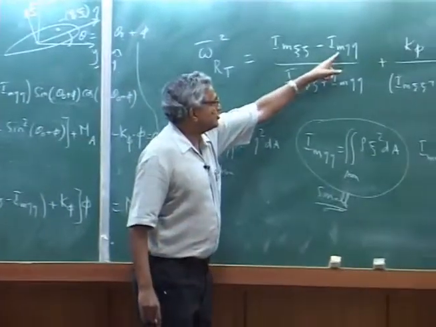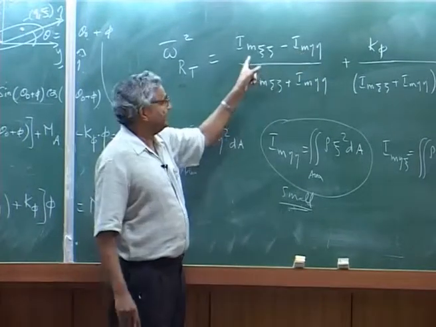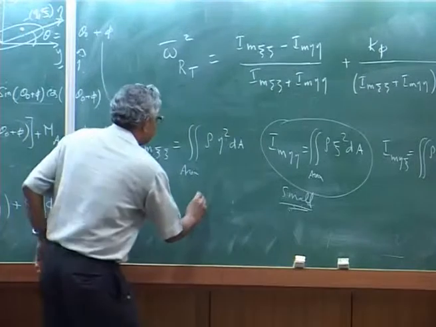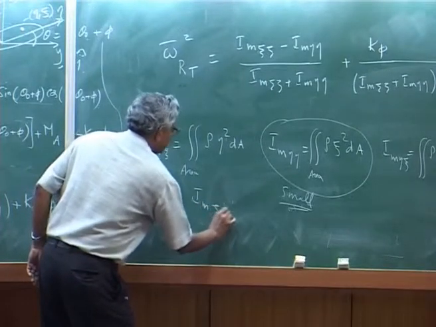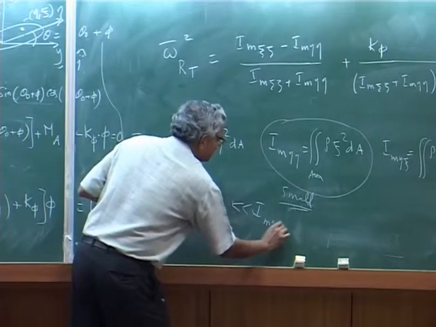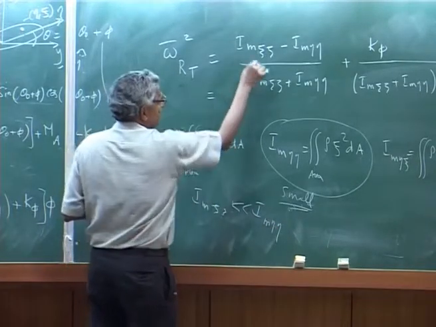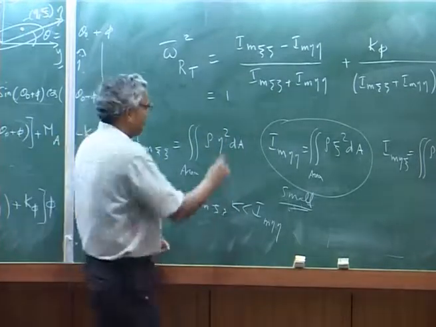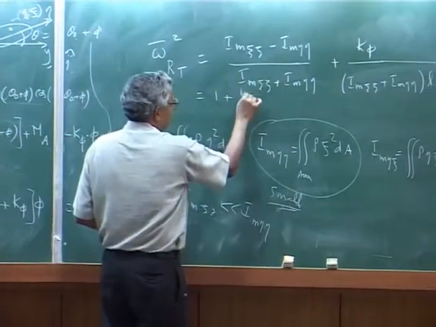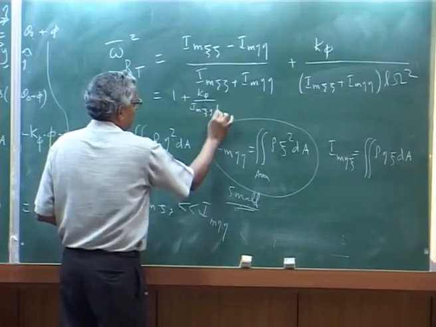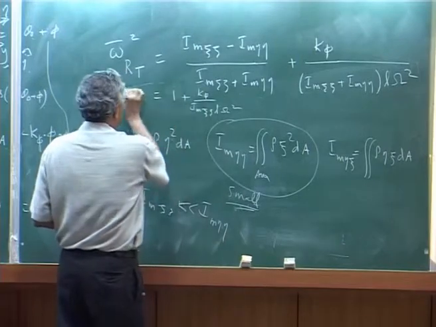Now, if you say this quantity is smaller than this, that is you write I m psi psi is much smaller than I m eta eta, I am just making an assumption, this becomes 1, okay, 1 plus k phi over I m eta eta L omega square.